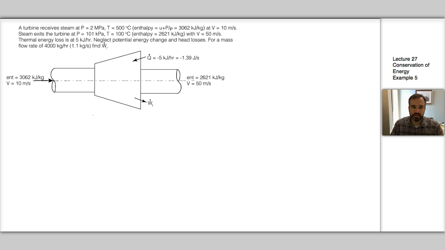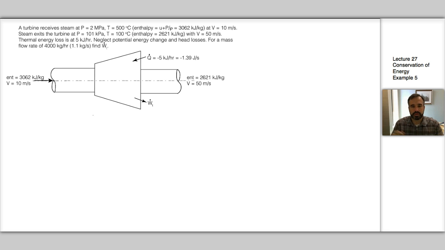The thermal energy loss is 5 kilojoules per hour. We're told we can neglect potential energy change and head losses. And for a mass flow rate of 4,000 kilograms per hour, which is 1.1 kilograms per second, we're asked to find WT dot.